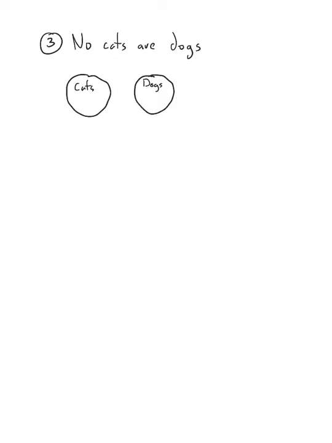Or if you like, you could draw it kind of more Venn diagram style. Here are cats, here are dogs. And if no cats are dogs, that means that there's nothing in this intersection here. There's nothing that is a cat and a dog. So we'll put some hatches in there to say that that is empty. So you can draw it in either way.